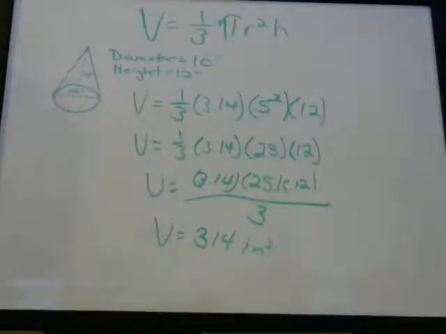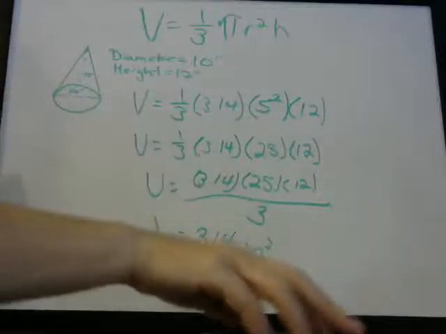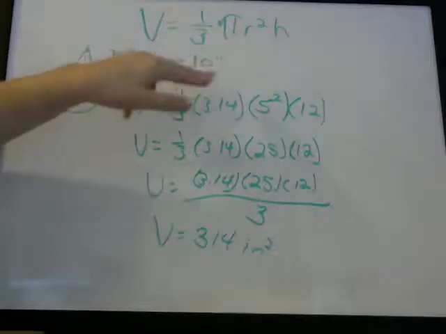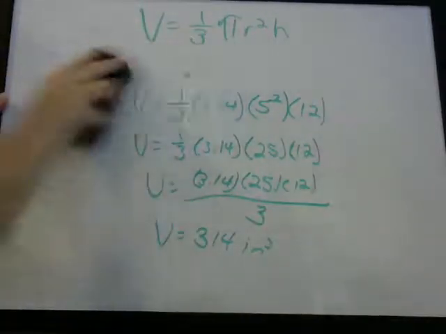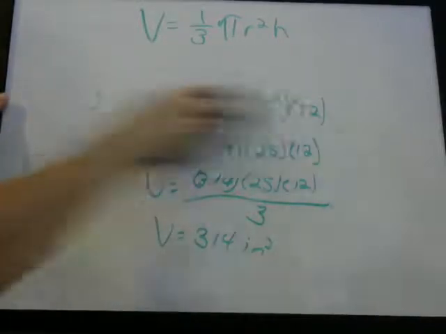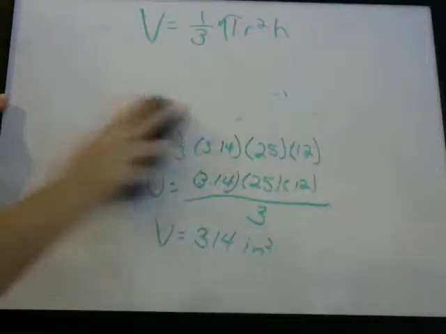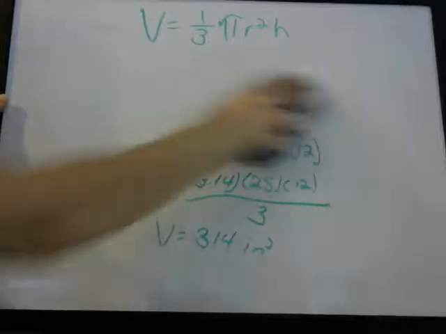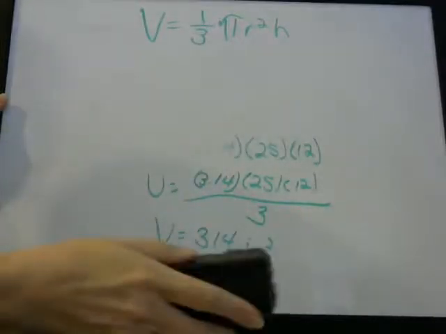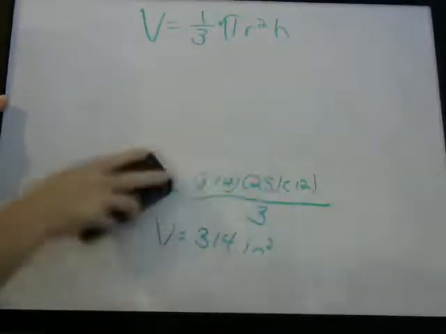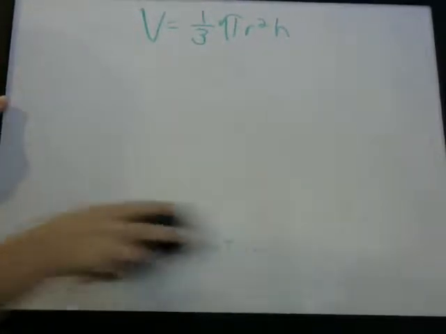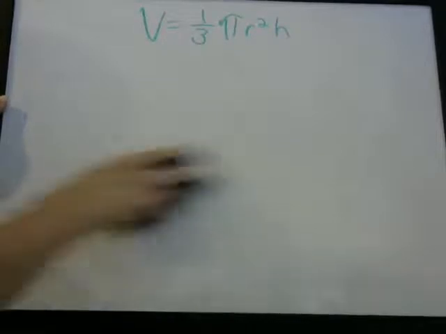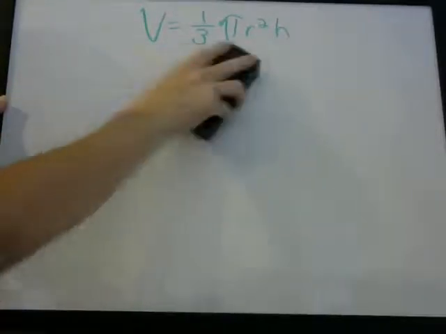We're going to do one more question, which is going to involve some algebra instead of the straightforward question when they're giving you these two numbers. So here we're going to say that a cone has a radius of 4 inches and a volume of 151 cubic inches.